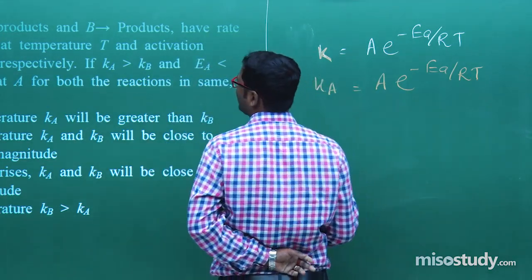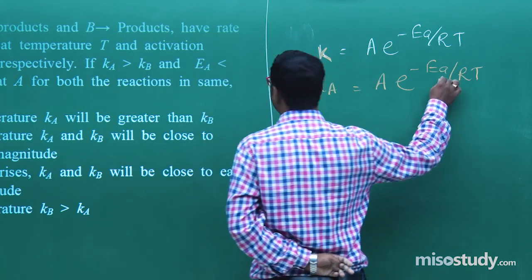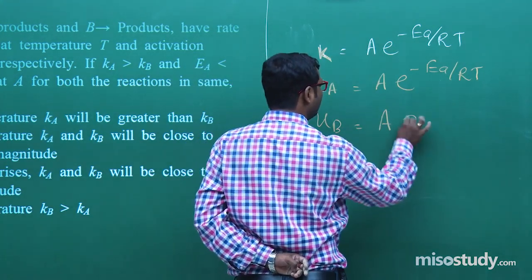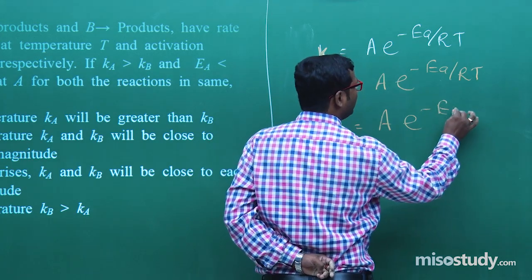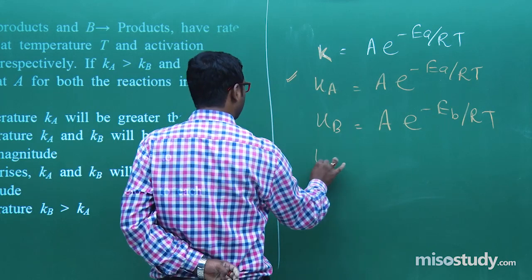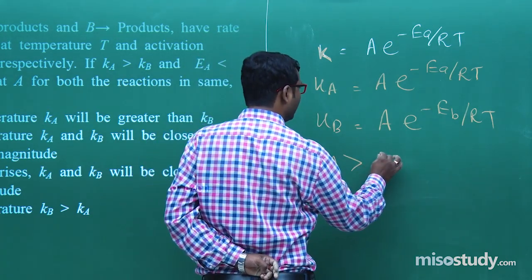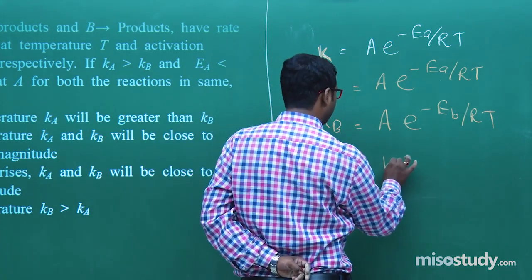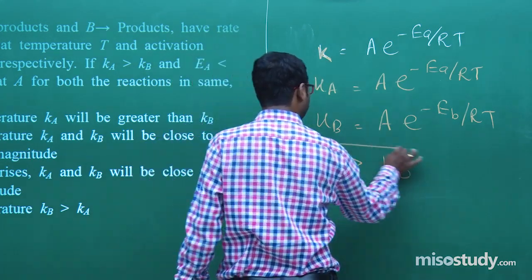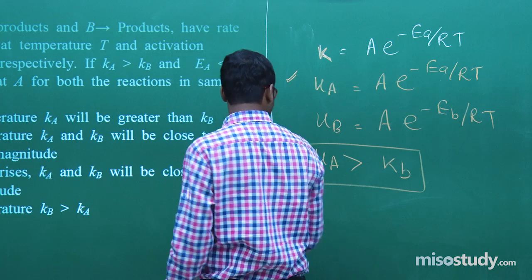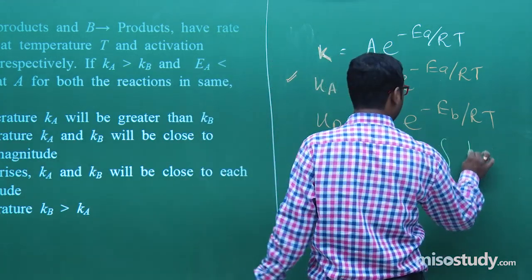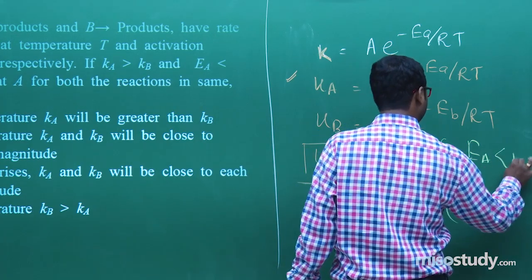Now for Kb we can write A e to the power minus EB upon RT. According to the question, Ka is greater than Kb. Yes sir, Ka is greater than Kb. Clear? And one more thing, here it is given EA is less than EB.